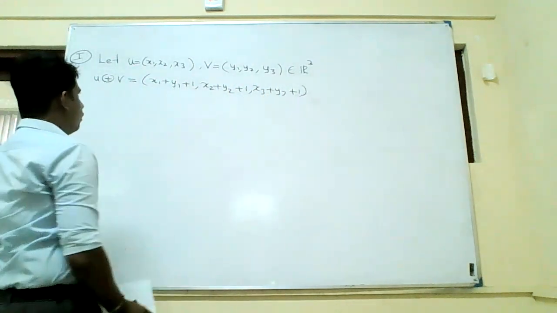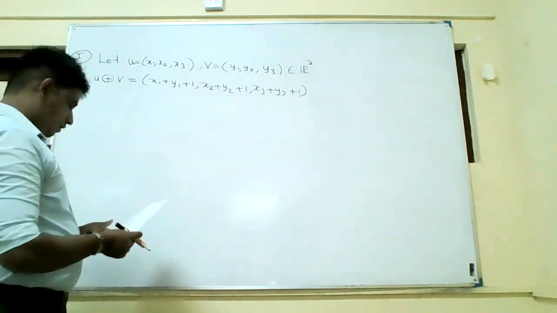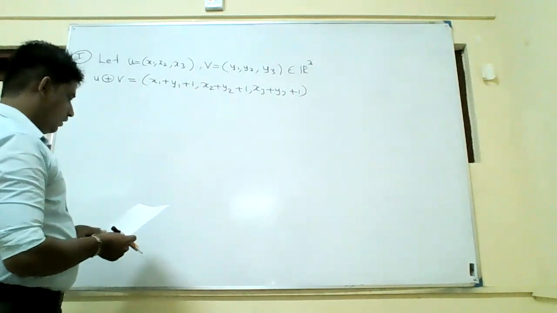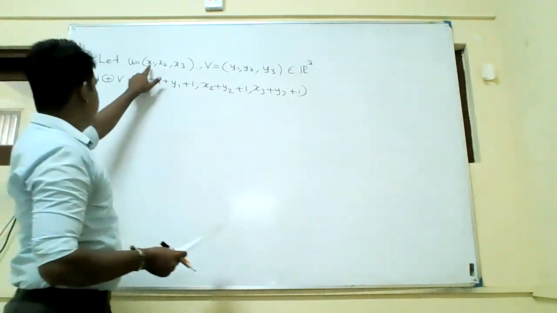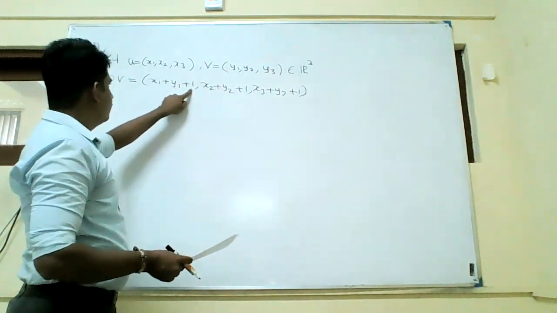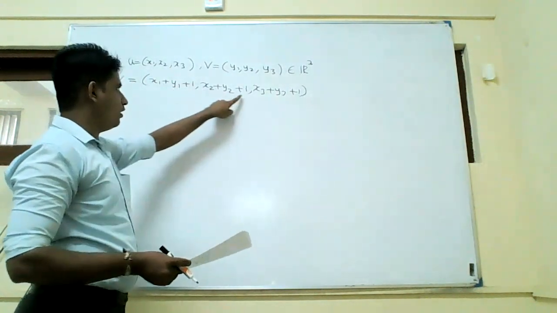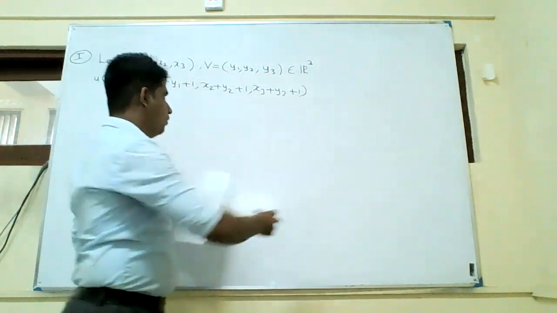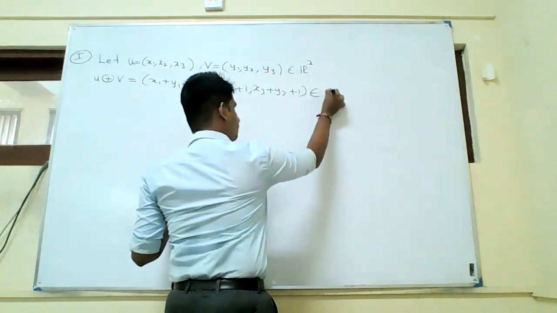Here each of these values is a real number. Then this addition is also a real number, adding one again is a real number. This is also a real number. Therefore, it belongs to R cube.